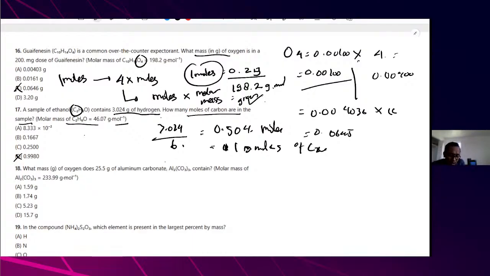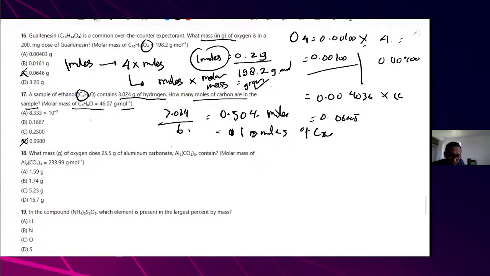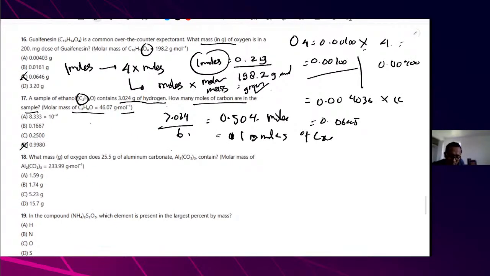Okay, now move on to number 18. What mass of oxygen does 25.5 g of aluminum carbonate contain? Okay, now it's very easy for this one.